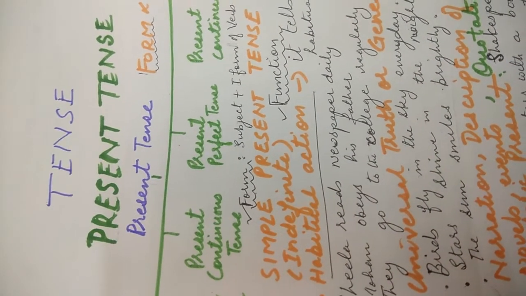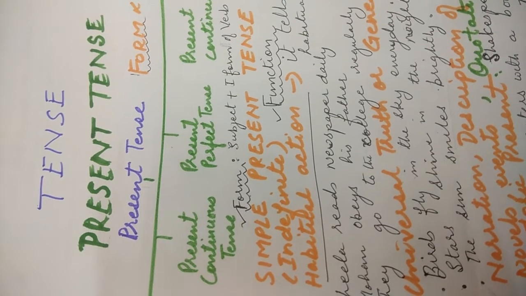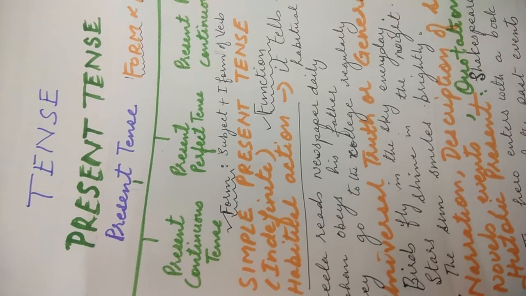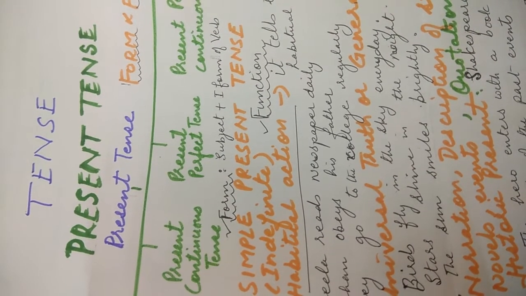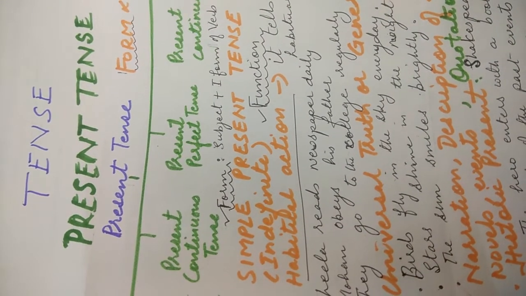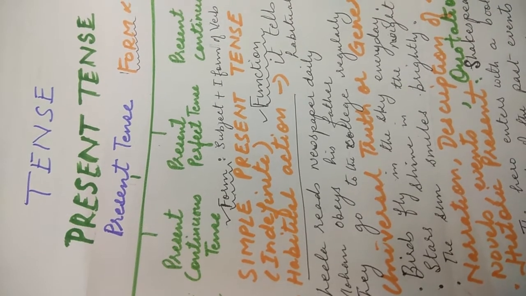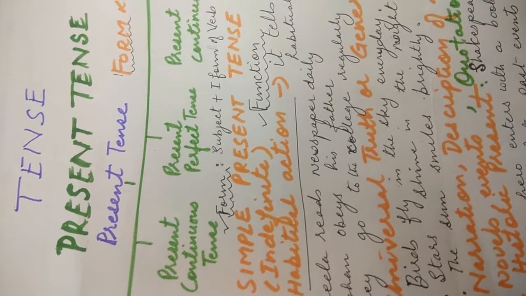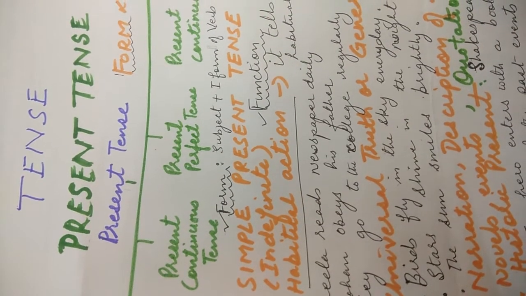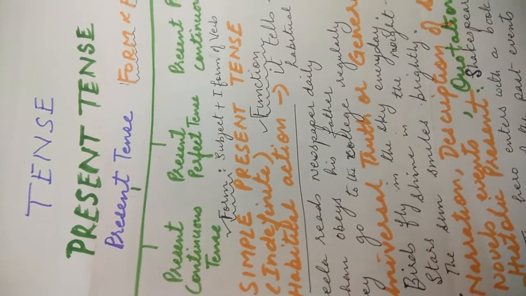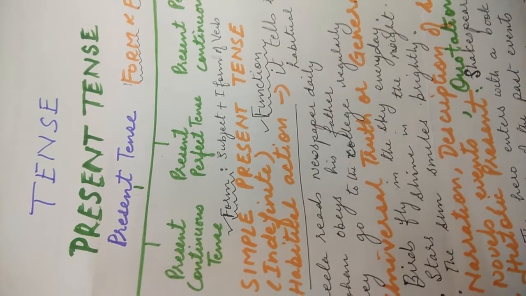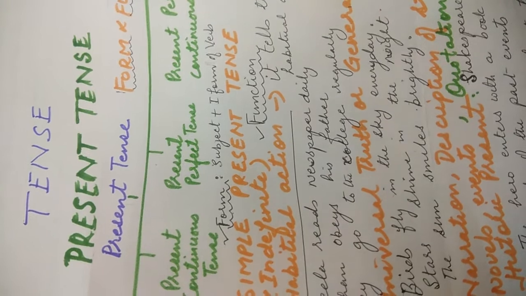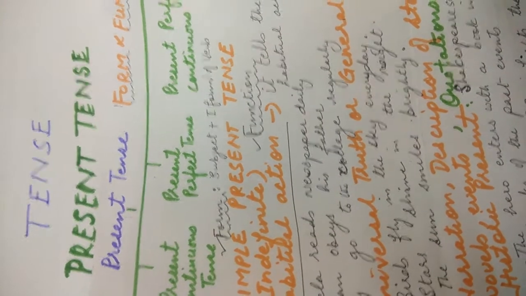First we would start with simple present tense, and each and every type of these tenses is very important. Be it simple present tense, present continuous tense, or any other tense, we would discuss it from the point of view of the form of the tense and the function of the tense.